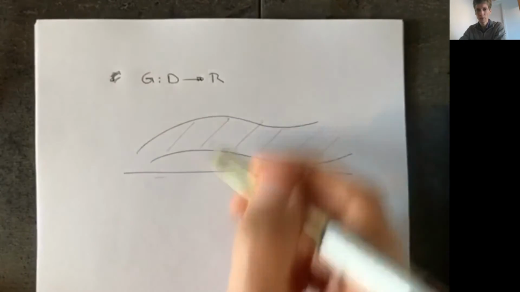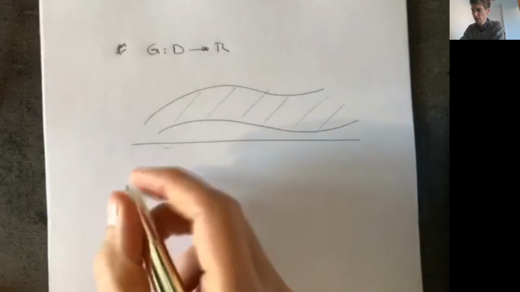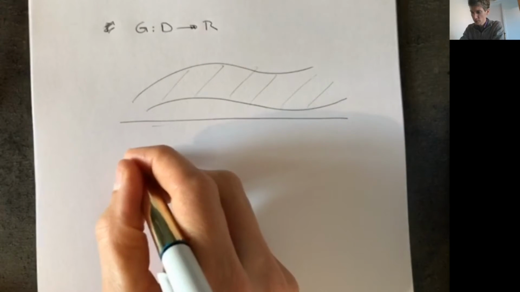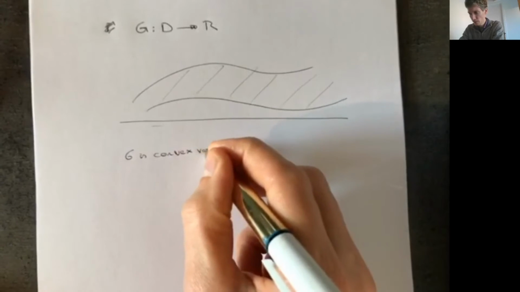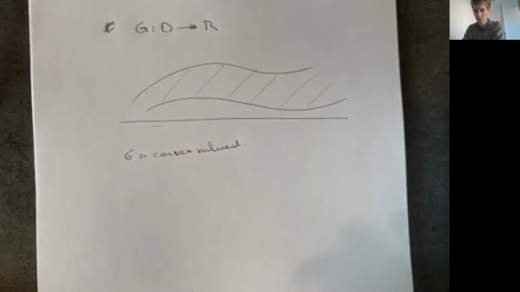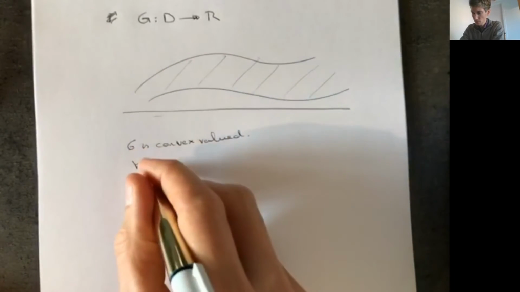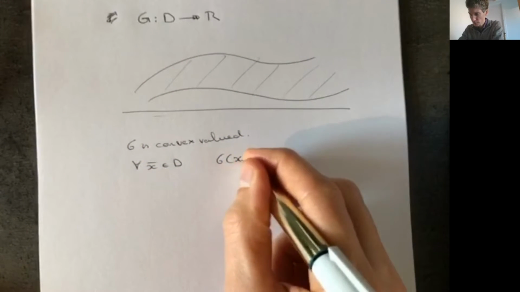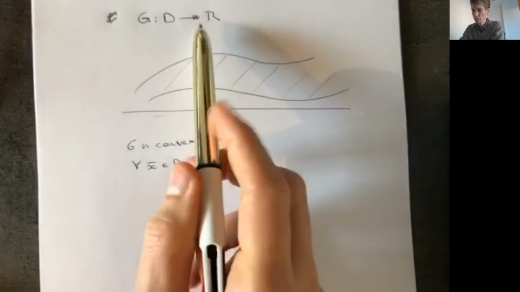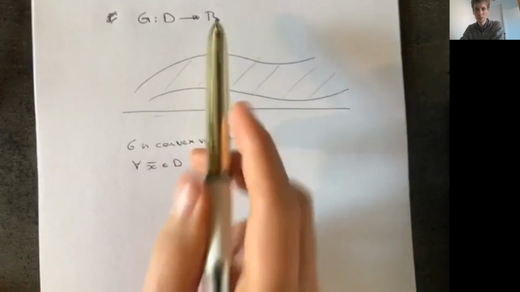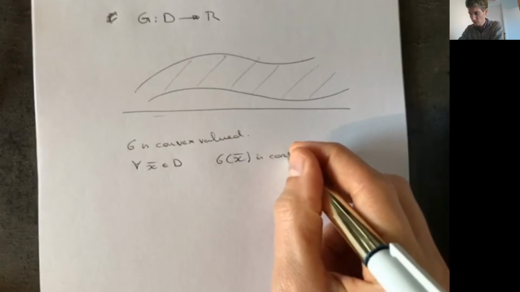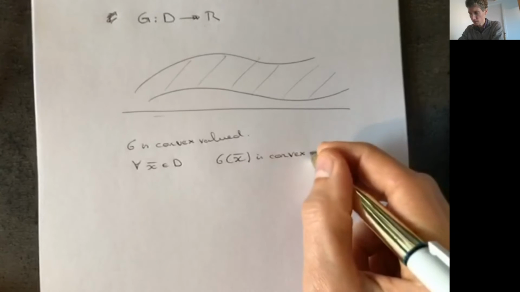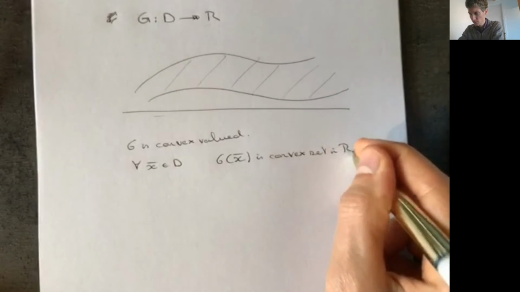So we have the domain here and then the range on the y-axis. So we say that G is convex valued if for all x in the domain, G of x, which you know is a subset of R, is a convex set in the range.